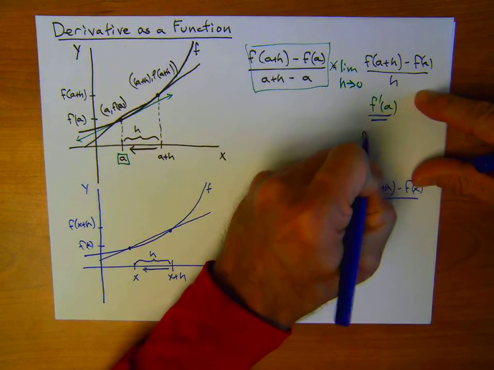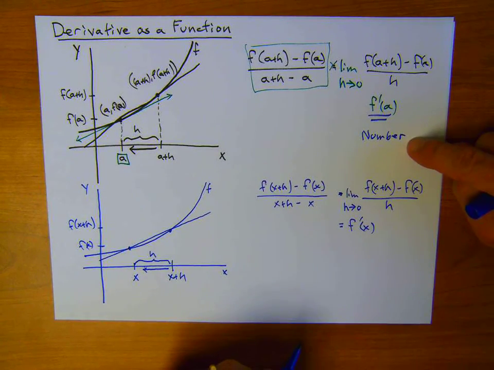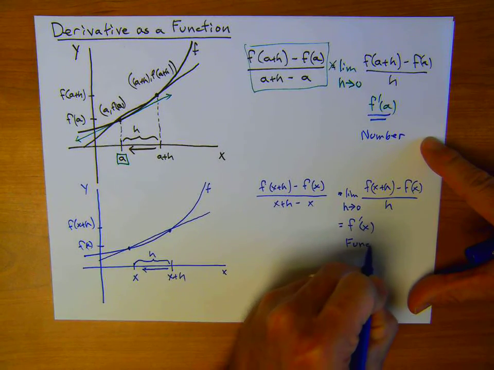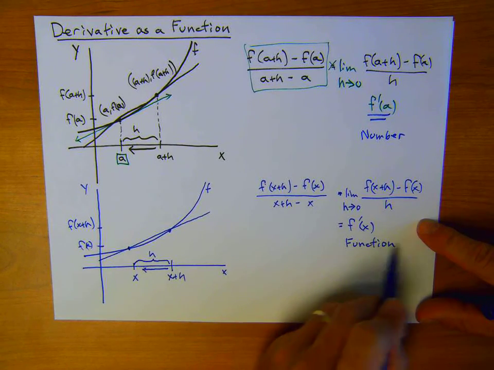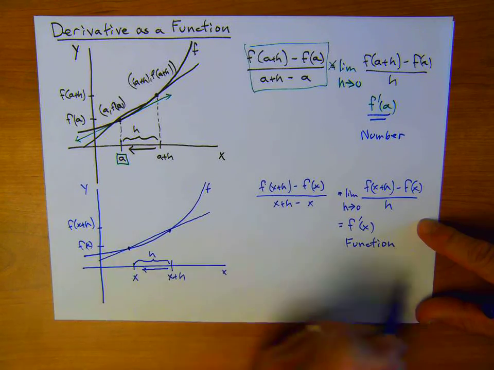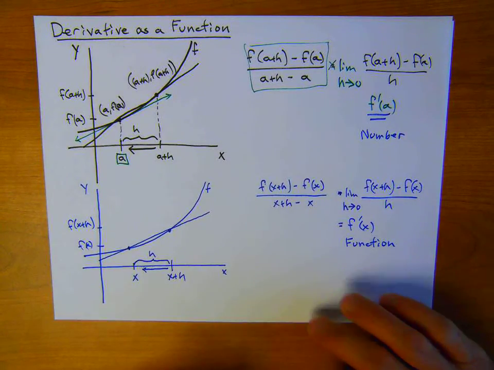With f prime of a, when we're all done we'll have a number, and that number will be the slope of the tangent line. Here, I'm going to get a function, which means that, not always, but usually there will be an x. It'll be a formula. It'll be another function.